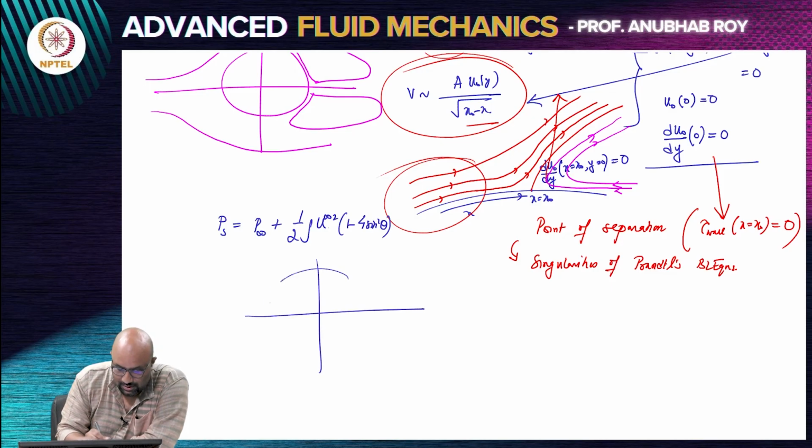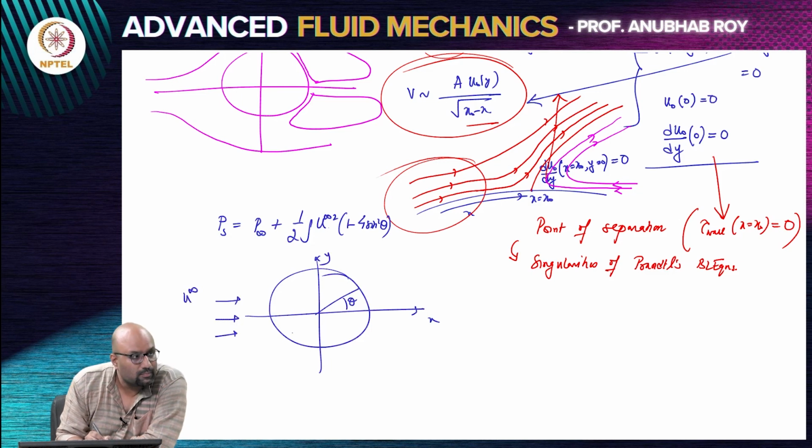So, we had the circular cylinder, theta was measured from here, this is x, this is y, there is a uniform stream in the problem. Now, instead of measuring theta from plus x axis, if I measure an angle alpha from the negative x axis, which is from the leading stagnation point that I have, then alpha is pi minus theta.